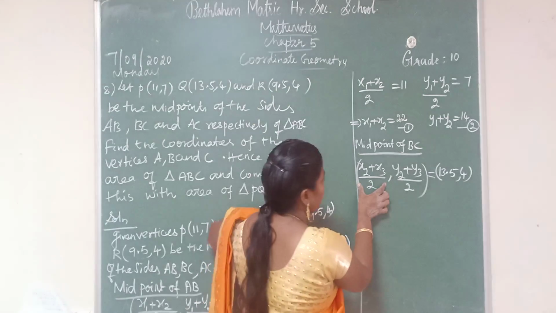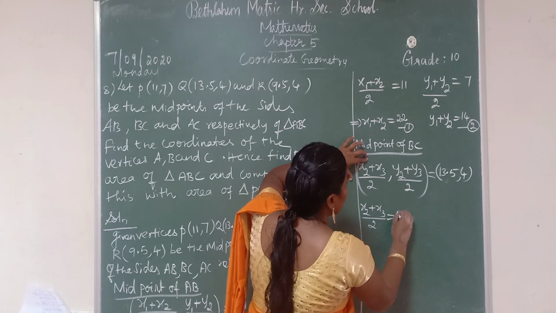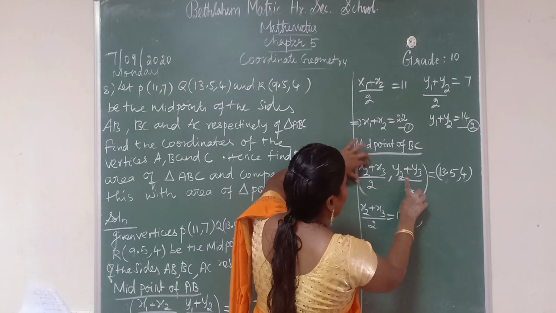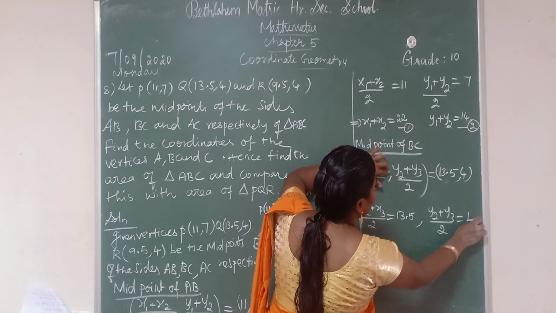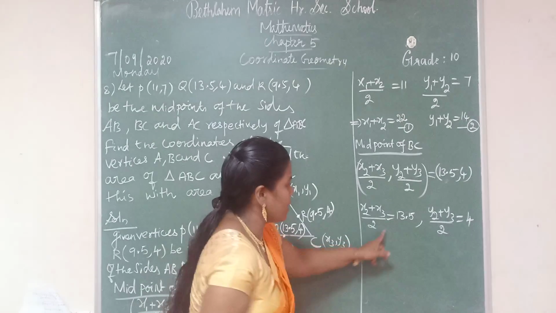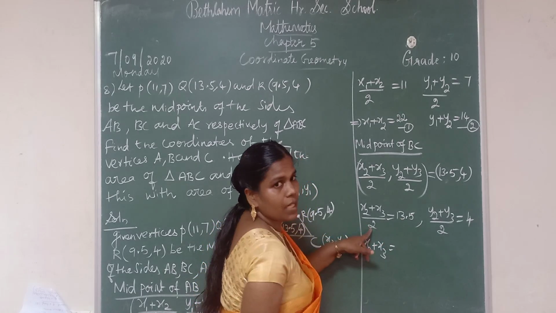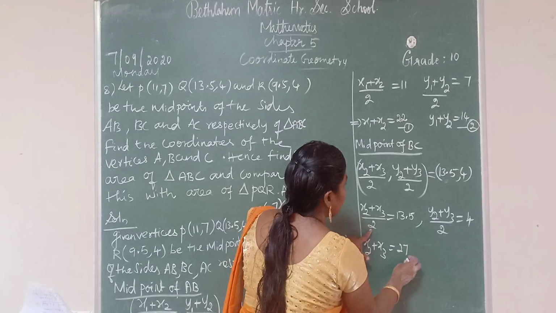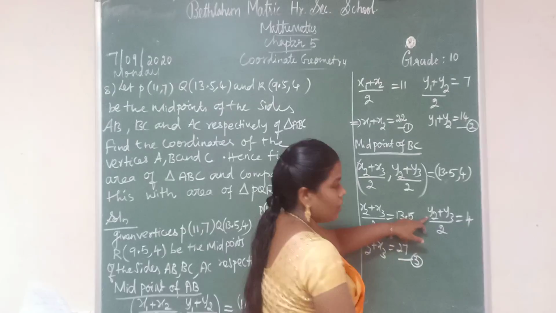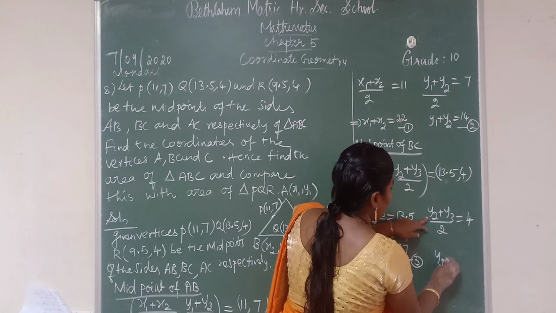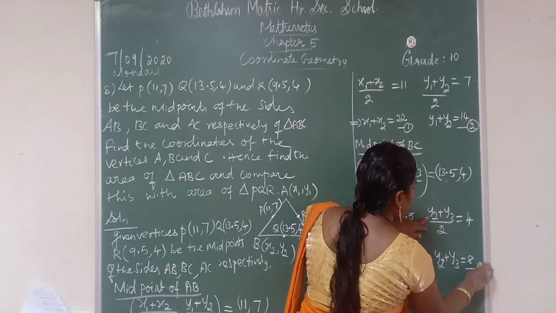Equating the coordinates, (x2 plus x3) by 2 is equal to 13.5 and (y2 plus y3) by 2 is equal to 4. Cross multiply: x2 plus x3 is equal to 2 into 13.5, which is 27, equation number 3. Then y2 plus y3 is equal to 2 fours are 8, equation number 4.